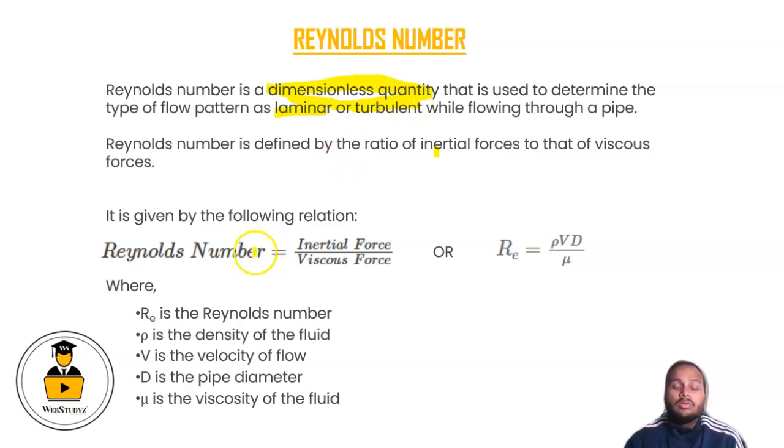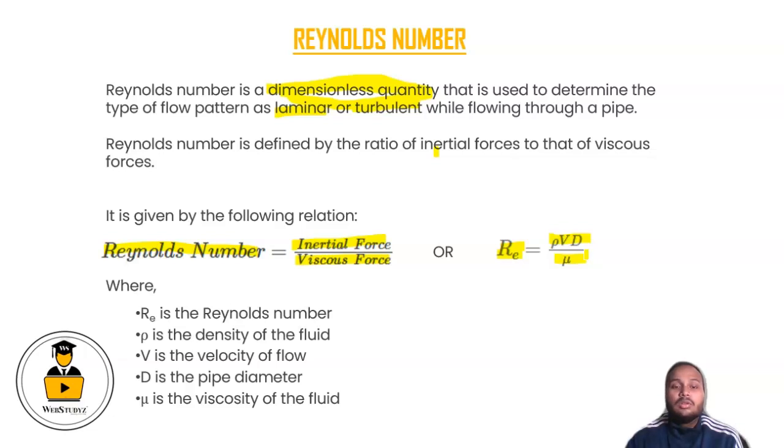So the relation of Reynolds number can be given as, as the definition suggests, inertial force by viscous force, or we can write Re, where Re is Reynolds number. It is equal to rho V d upon mu.